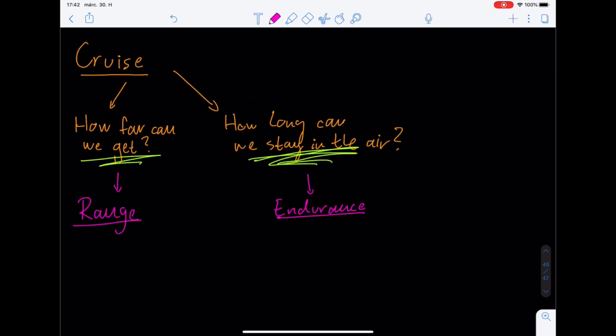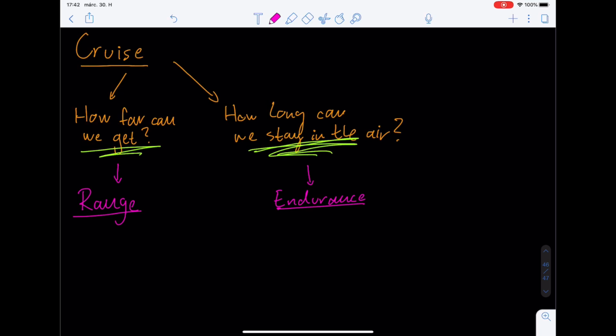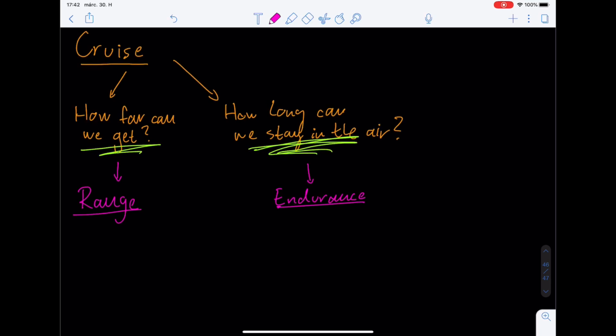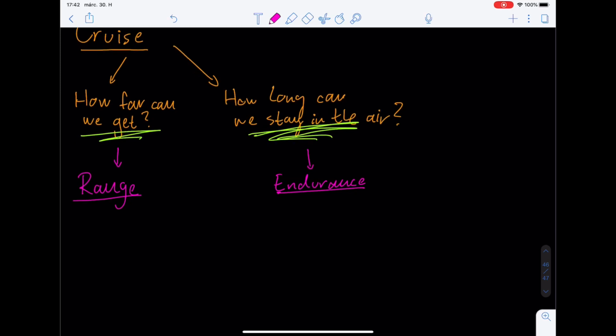But before we go on and examine the range and the endurance, let's look at the forces acting on the airplane in a cruise flight condition. So during cruising, we're going to assume, as we have already seen, a straight and level, unaccelerated, steady state condition.